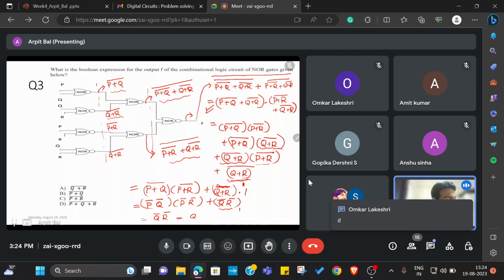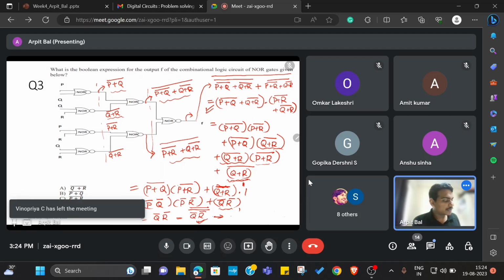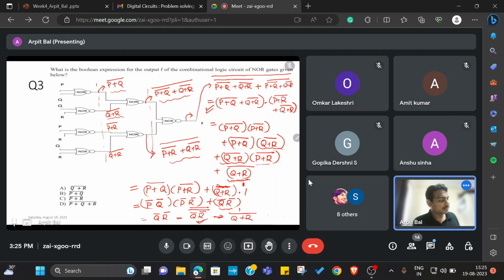We can write q'r' as (q'r')'', writing the complement twice to convert this term into an addition term. By using De Morgan's law, we will have (q + r)'. That is option A.